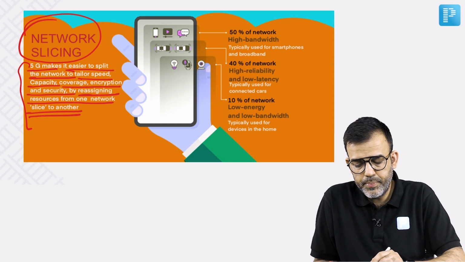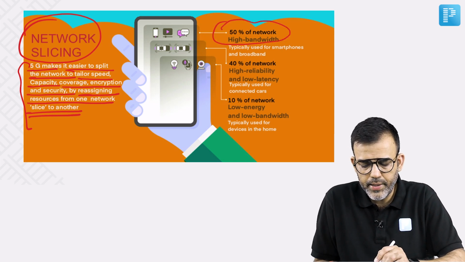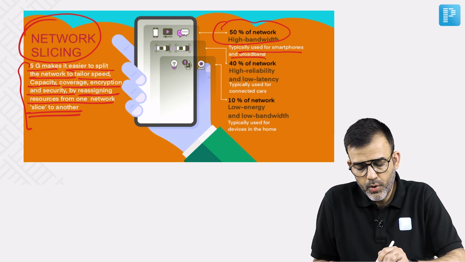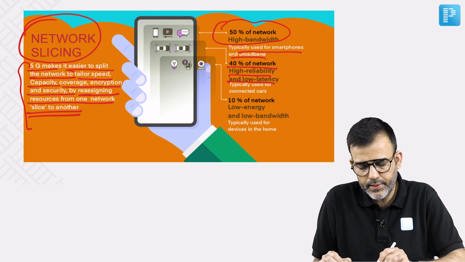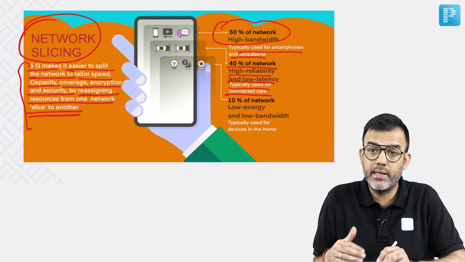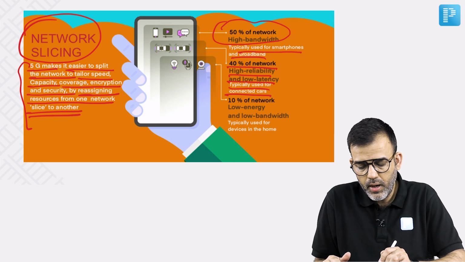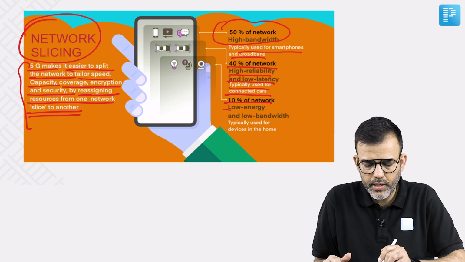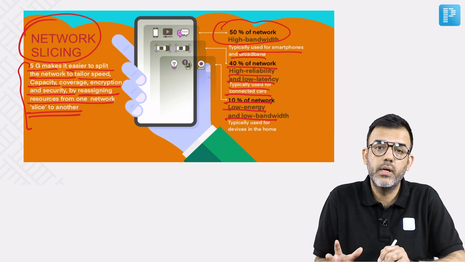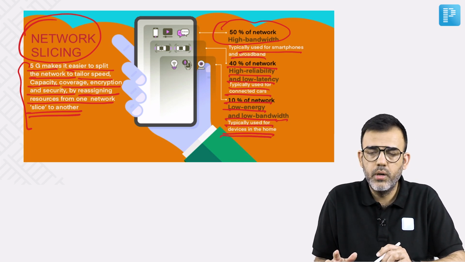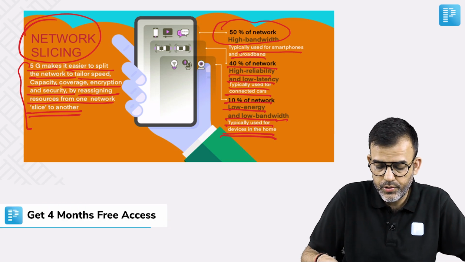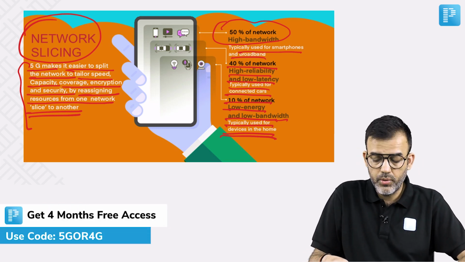50% of network high bandwidth, typically used for smartphones and broadband. 40% of network high reliability and low latency, typically used for connected cars, for example, and 10% of network can be used for low energy, low bandwidth applications, typically for various devices which you will be using back at your home.